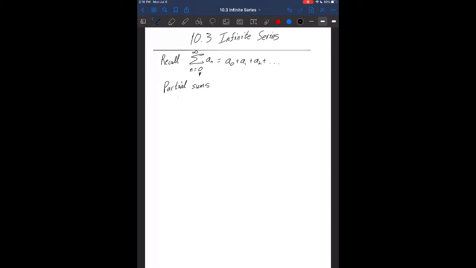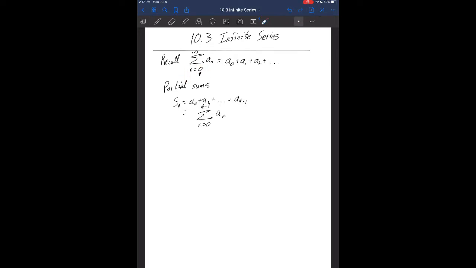So for example, in this case, we have that S sub k is going to be the sum of the first k terms. So a_0 plus a_1 plus all the way up to a_(k-1). And we're going to write this as the sum from n equals 0 to k minus 1 of a_n.